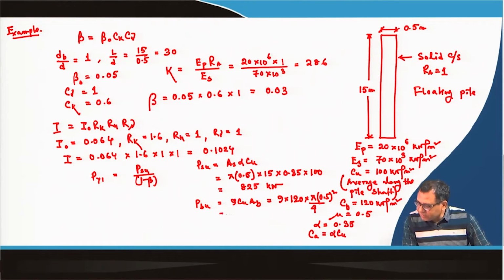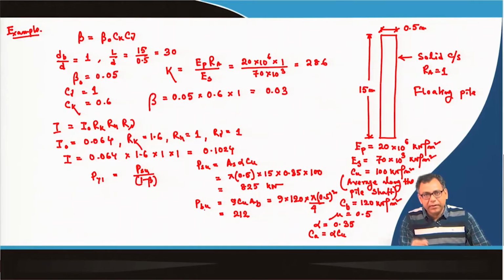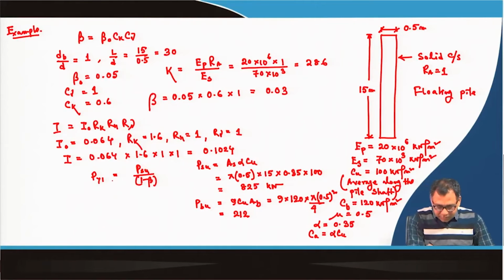So, this is equal to 212. So, we know the ultimate friction resistance, and we know the ultimate tip resistance also. P_su is 825, then 1 minus beta is equal to 0.03, so this is equal to 850 kilonewton.